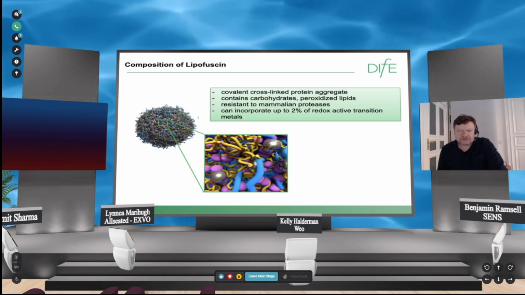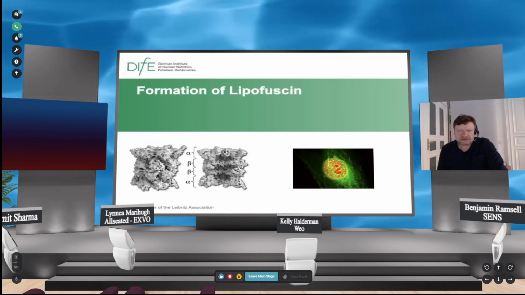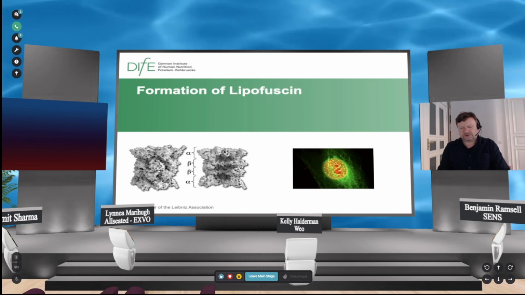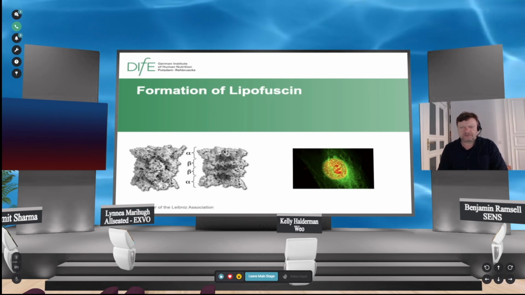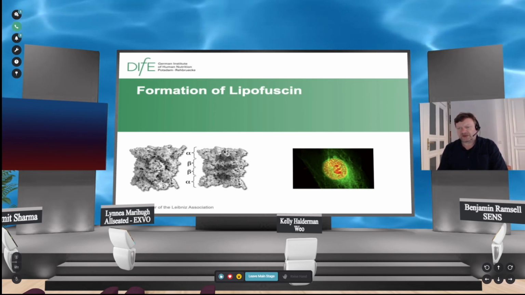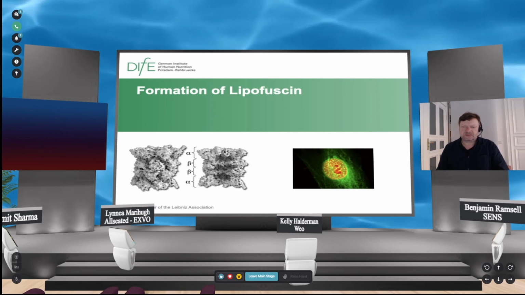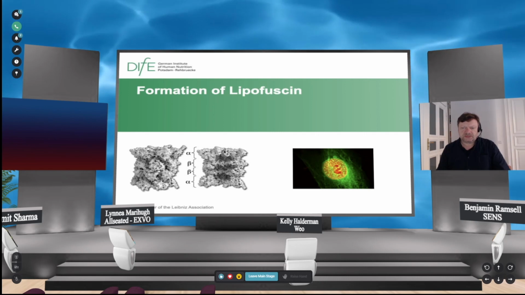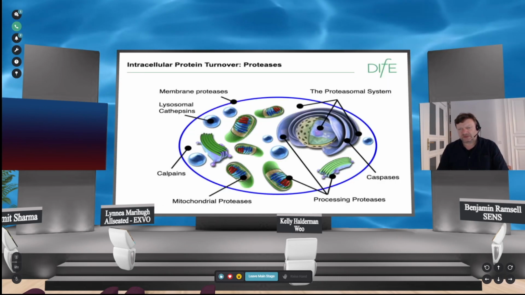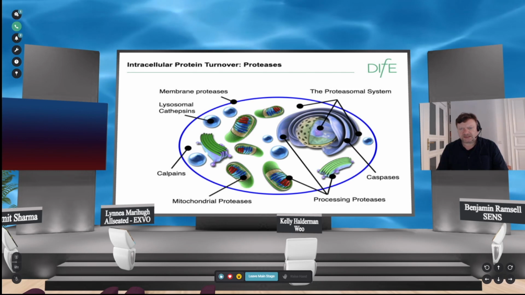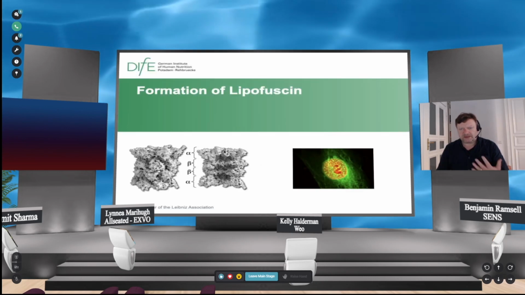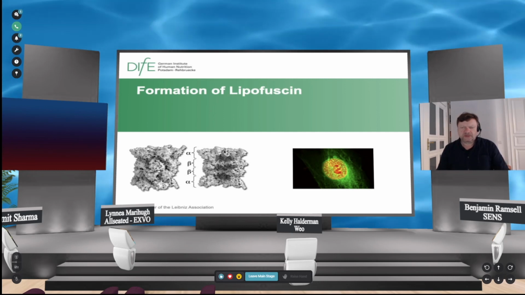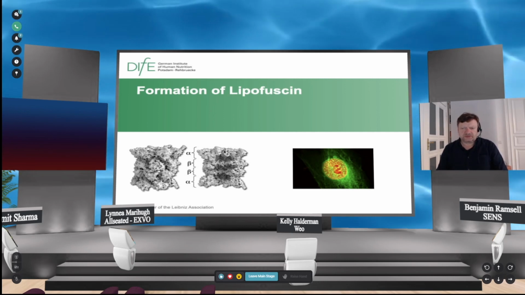Now, why is lipofuscin formed? In a cell, you have constant exposure to internal and external stimuli. It might be radiation, oxidants from the outside, or metabolic stimuli like glucose or ribose, which are highly reactive with proteins, and this damages proteins. These damaged proteins are basically degraded by intracellular proteases. One of them is depicted here: the proteasome, the core of the ubiquitin-proteasomal system.